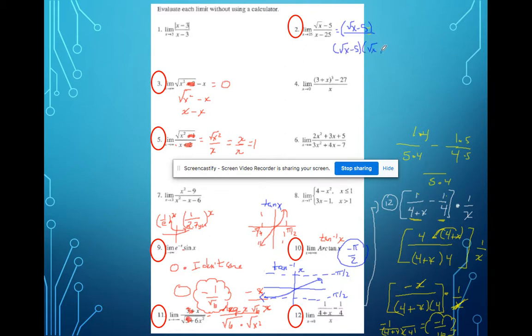Gasp. What up now? Right? Take a moment and see if I'm right. Square root of x times the square root of x is x. The middle two terms will drop out, and negative 5 times positive 5. We don't give this to you in algebra as the difference of two perfect squares because we say that an x to the first is prime because square root of x is not rational.